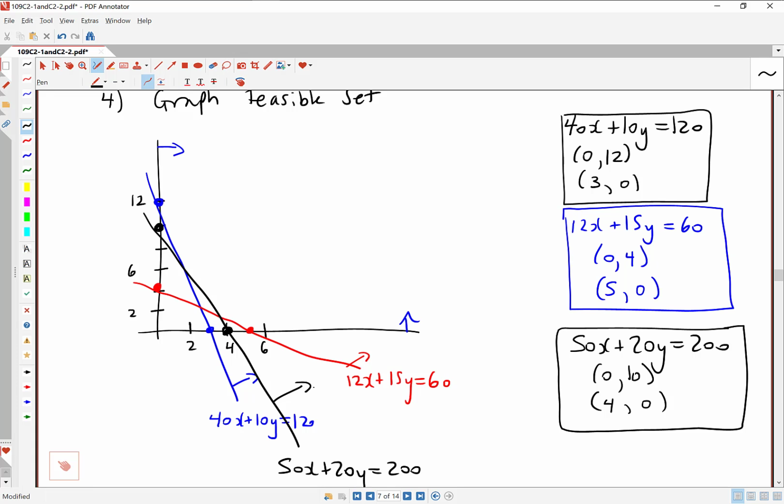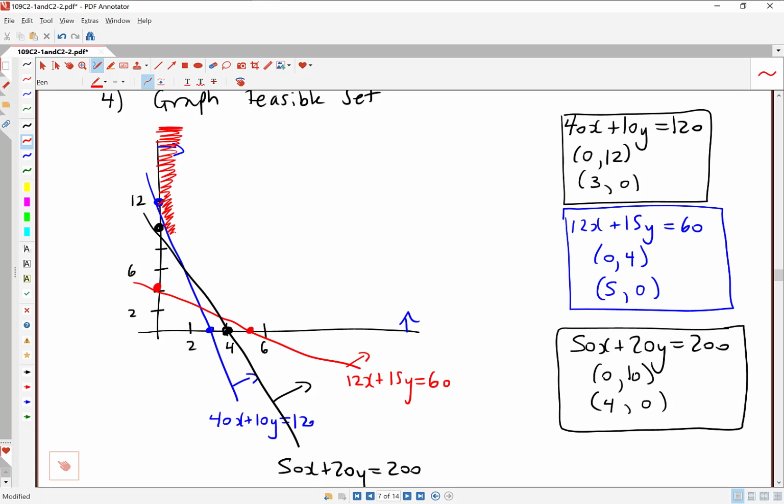So you can see all three of these lines were sort of going up and to the right of the line. So let's see if we can graph our feasible set. So I'm going to just shade in our region in red. So if I start sort of at the top left of the picture, we need to stay to the right of the y-axis. Then we're starting to hit the blue line.